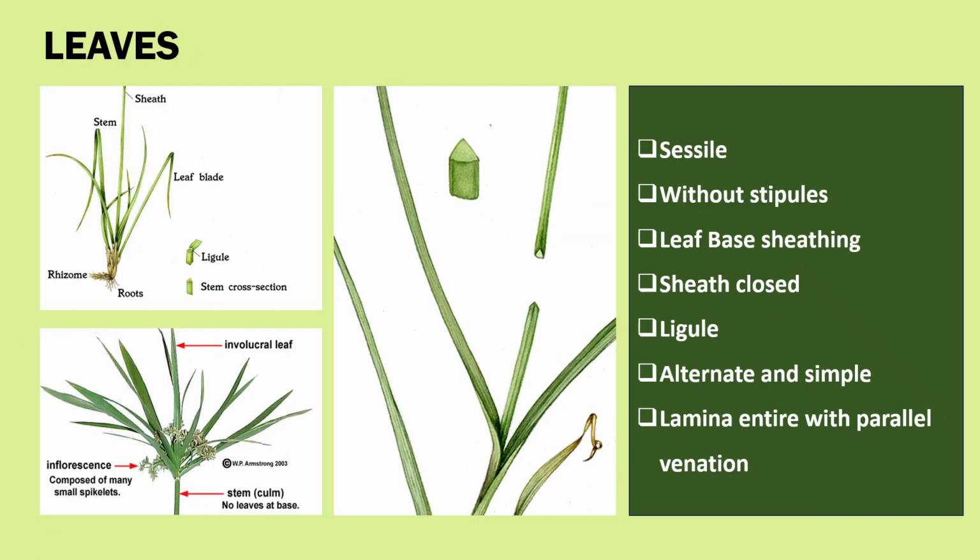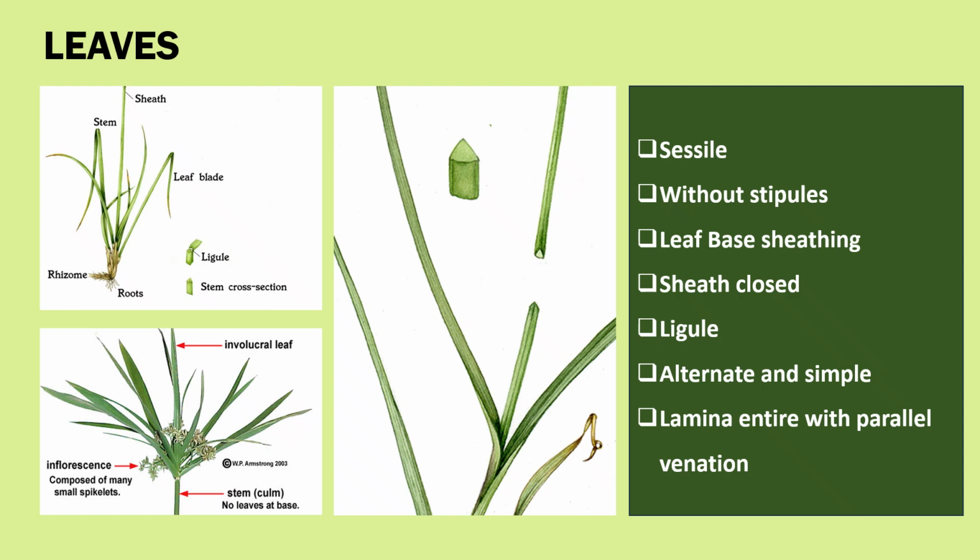Talking about the morphology of Cyperaceae, the leaves are generally sessile and without stipules, and the leaf base is sheathing and the sheath is closed, which is opposite in the case of Poaceae, because you will find the sheath open in Poaceae.